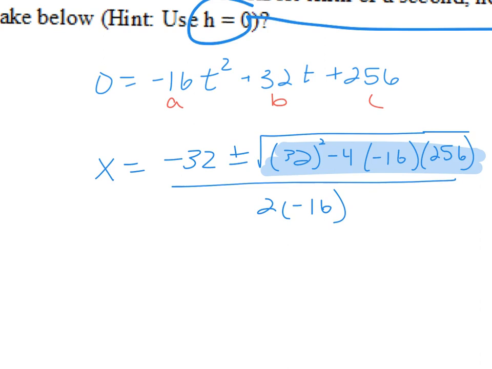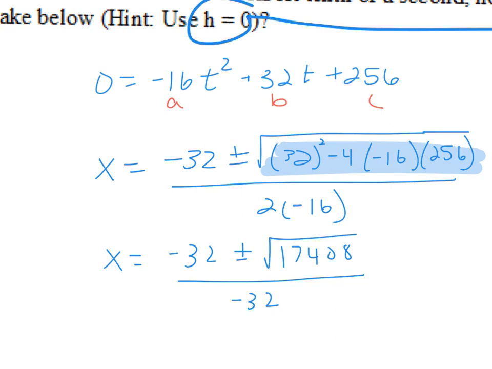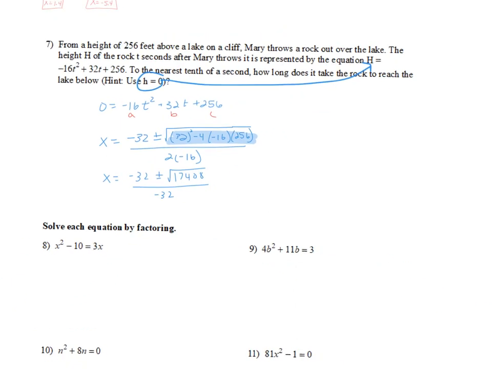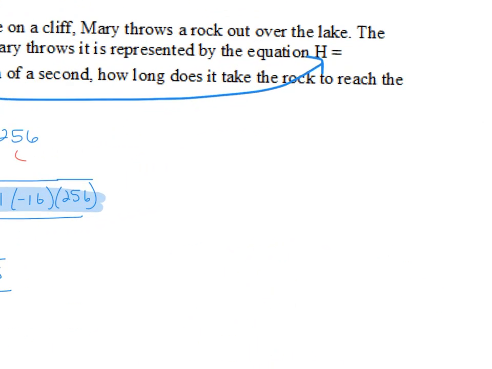All right, and I've got x equals negative 32 plus or minus the square root of 17,408 over negative 32. Now I'm going to plug that 17,408 into my calculator, and I'm going to move my work up here off to the side.